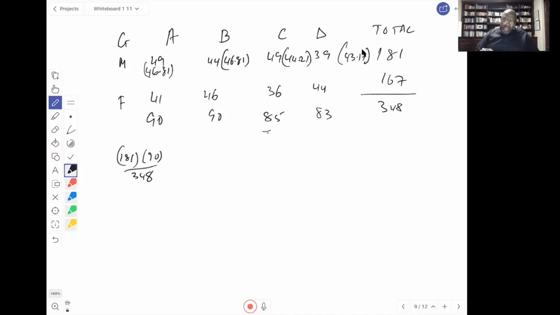Multiplied by 85, how many female fish in location C I should get, times 83, how many female fish in location D I should get. So I get the following numbers. I'll just do one of them for you to see. It would be 167 times 90 over 348.